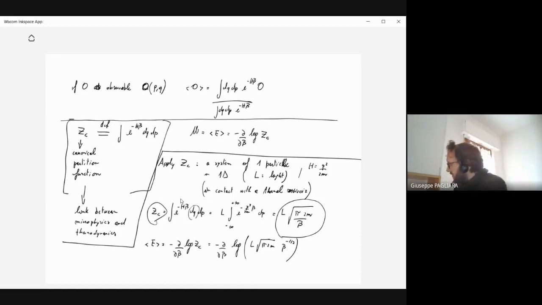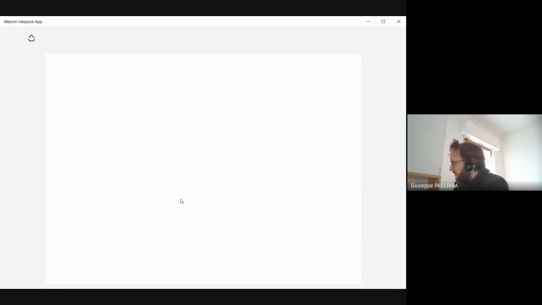When making the derivative, I can basically neglect the part which is not dependent on beta. So I need minus the derivative with respect to beta of the logarithm of beta to the minus 1/2.